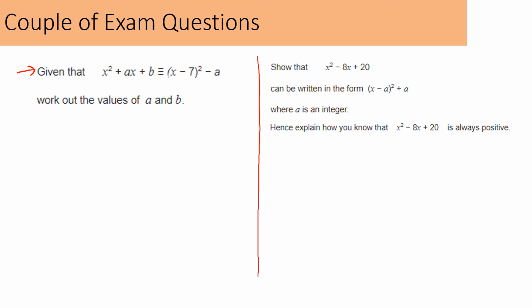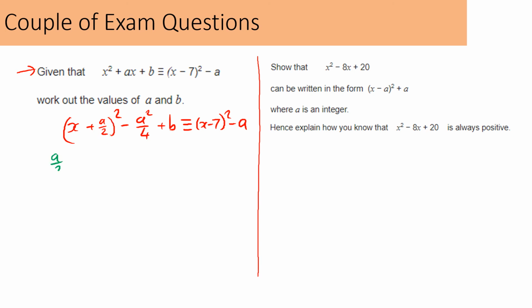So we've got x squared plus ax, that's going to go to x plus a over 2 all squared, take away a over 2 squared, so a squared over 4, plus b, and we're saying that this is equal to x minus 7 all squared minus a. So we can tell straight away from that that a over 2 and minus 7 are going to be the same thing.